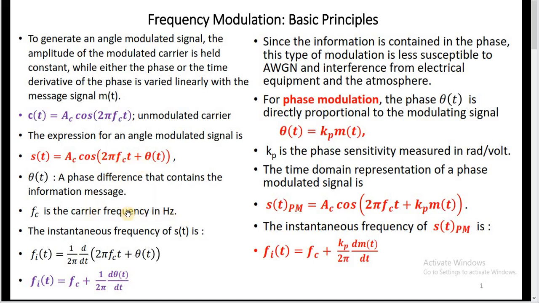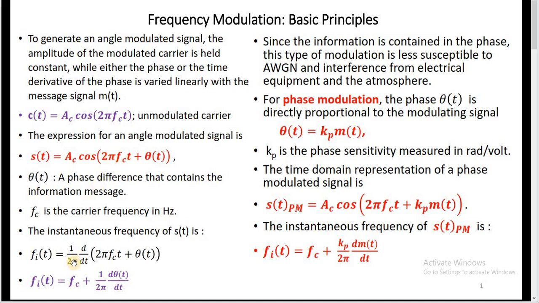The instantaneous frequency of this signal s of t is fi of t equal 1 over 2 pi d by dt of 2 pi fc t plus theta of t. The derivative of 2 pi fc t is 2 pi fc.